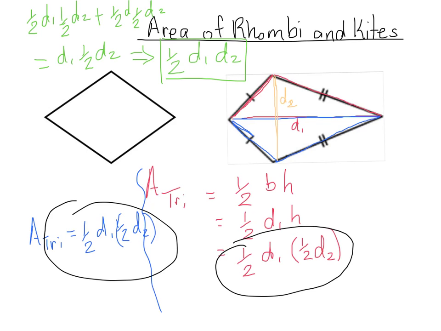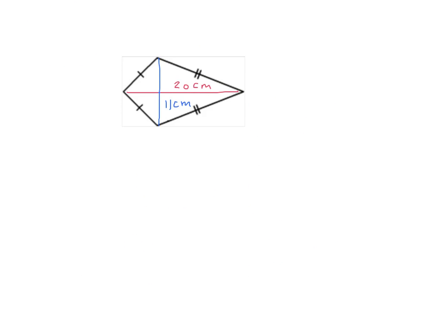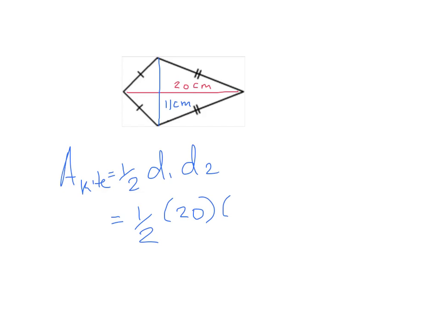So let's do an example. All right, so here we have a kite and we have both of its diagonals, and we now know that the area of a kite is going to be half diagonal 1 times diagonal 2, which means that the area of this particular kite is half, well, diagonal 1 is 20, and diagonal 2 is 11.